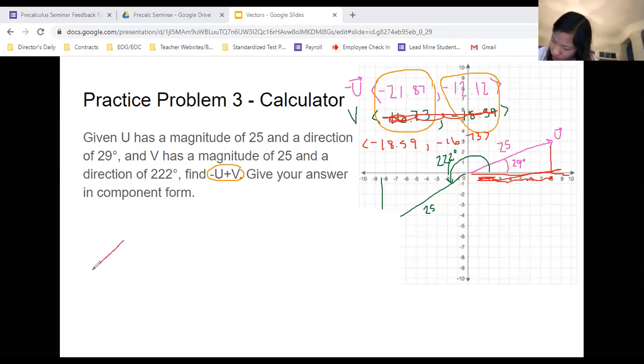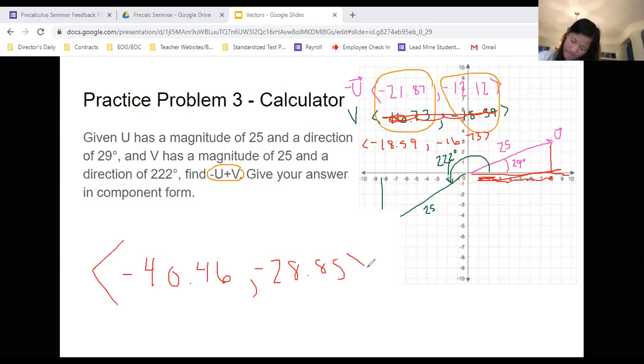So the x component is negative 40.46, and the y component is negative 28.85.